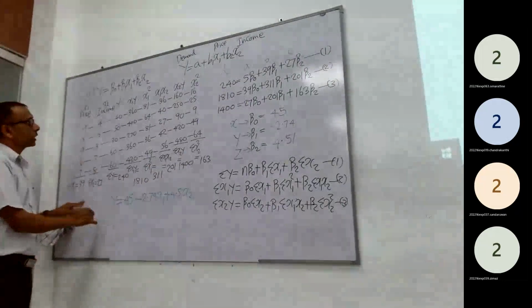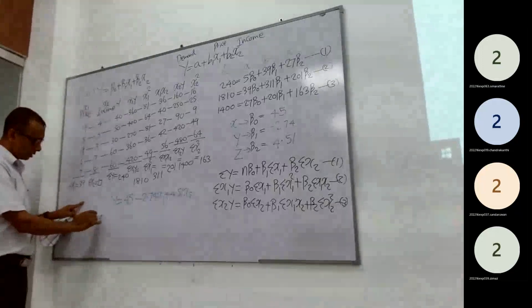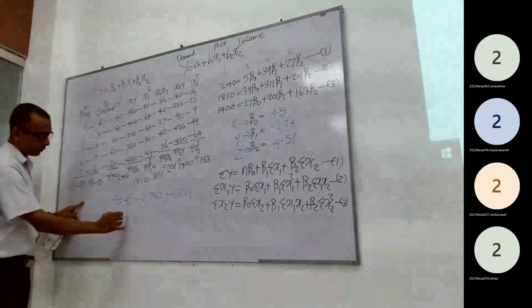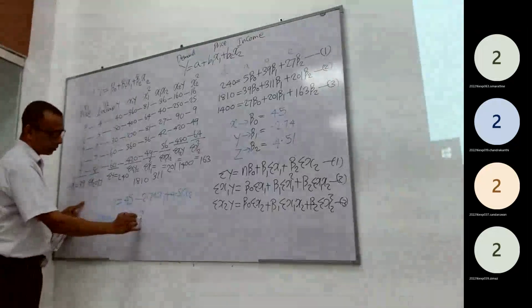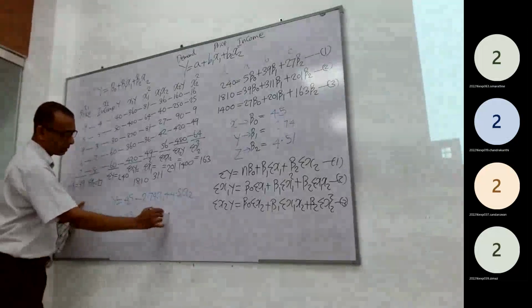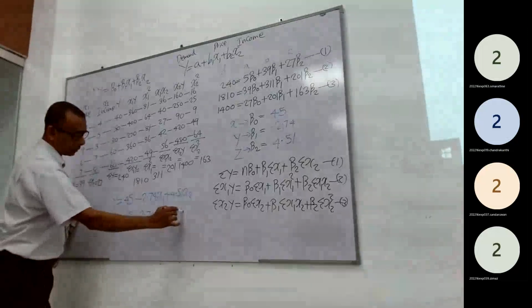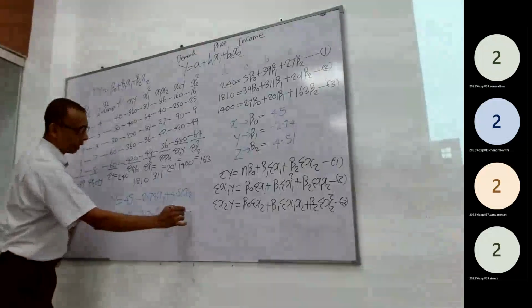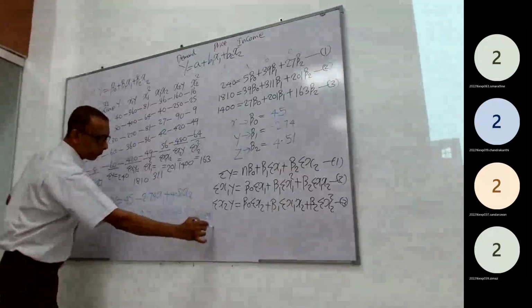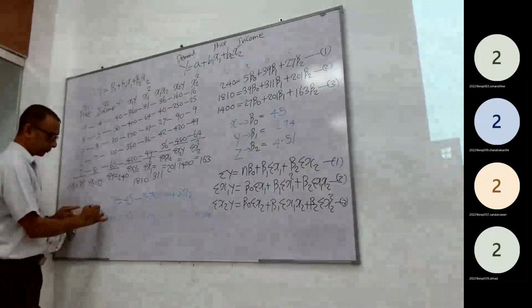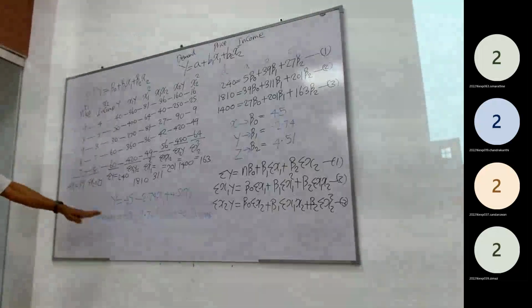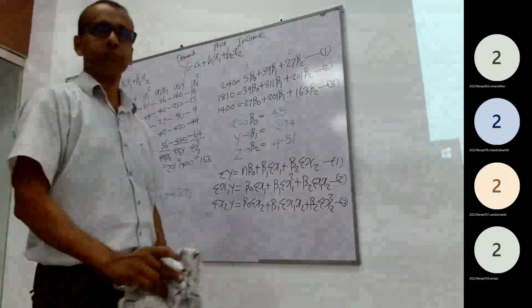In words, y means demand equals 45, the constant term, minus 2.74 x1 price, plus 4.51 x2 income. For this data, we constructed this model.